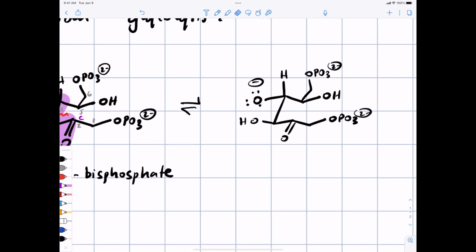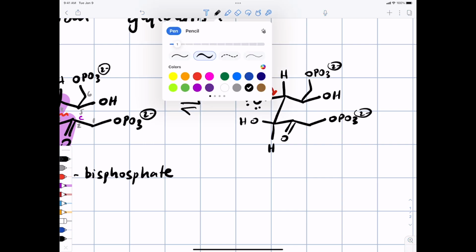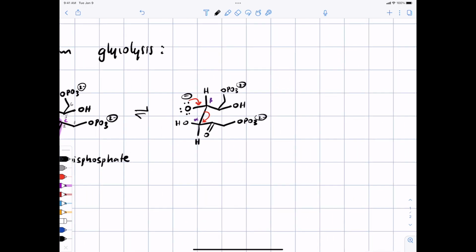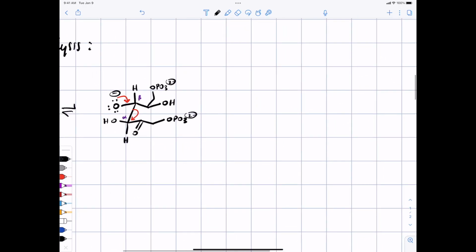Now, the next step of the retroaldol reaction is electrons kick down to restore the carbonyl here, and then we move these electrons from the bond between alpha and beta carbons. We'll move those electrons onto the alpha carbon to get a resonance stabilized enolate.